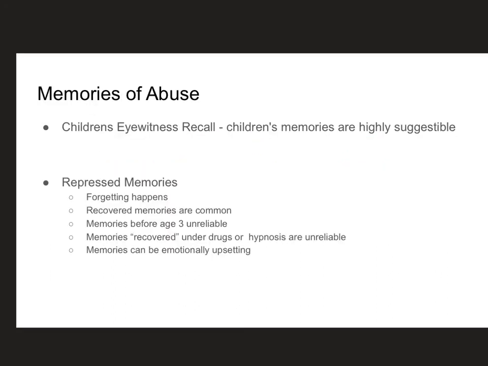Memories of abuse. Now, this is really tricky. So we're going to go into a couple different things here. First, when it comes to children, and when children are asked about eyewitness, or for them to tell what happened, and this can be an abuse, but it can also be in any real case where they have to share information.